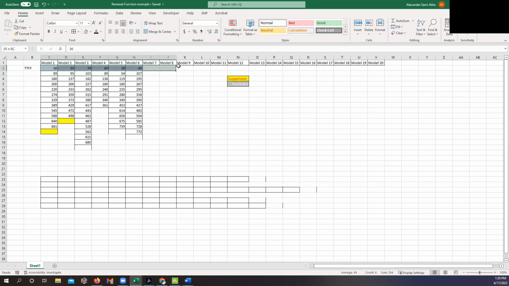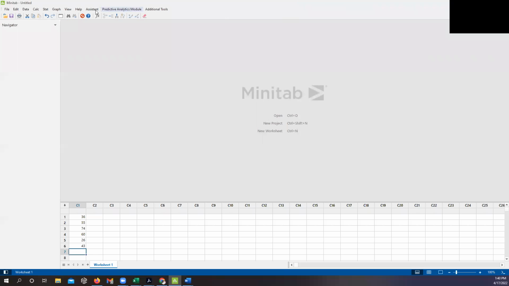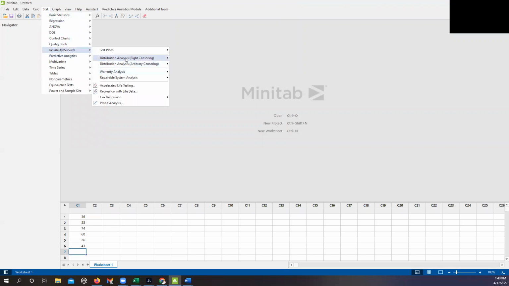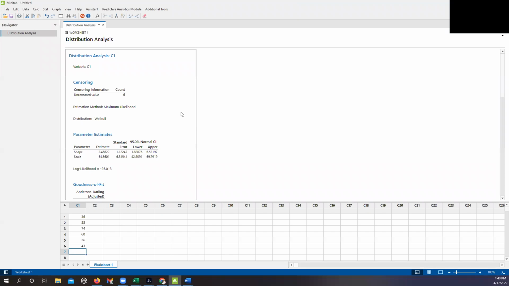So if I took all those numbers, time to first failure, and took them to my friend here, Minitab, and solved it just like how we were solving the non-repairable component, I'll get the underlying distribution that dictates the time to first failure. That tells me what I'm dealing with before I even approach the problem as a repairable system.